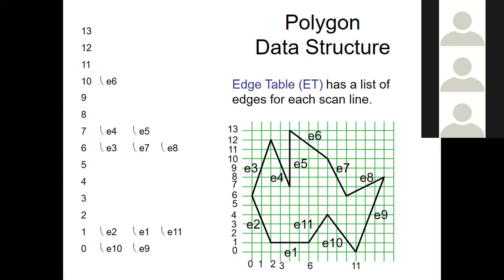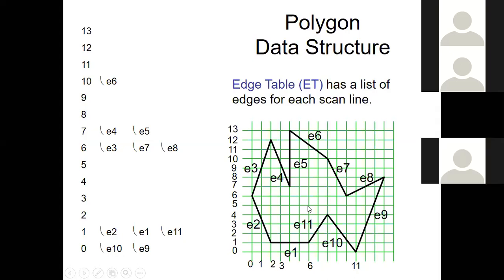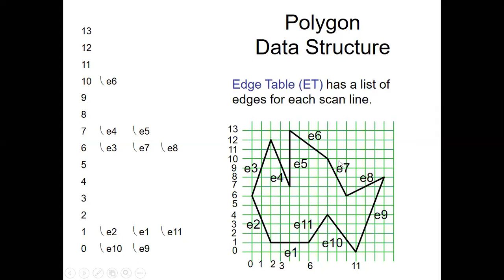Similarly, edge 6 starts at 4, 13 and ends at perhaps 8, 10. So every edge has two points, a start point and an end point, and we need to carefully go inside this very unstructured polygon and fill it.